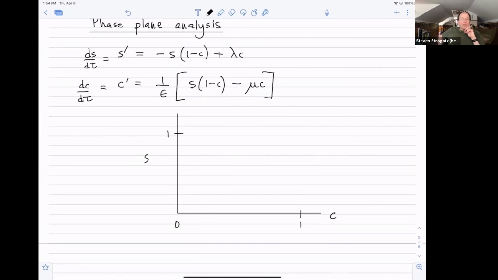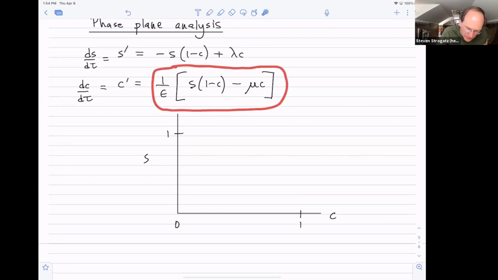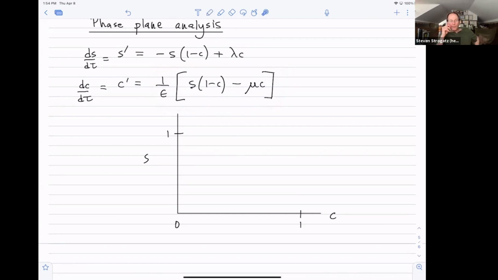And so we want to try to understand the flow in this space. Of course, the S and C are positive or they're not negative, they're concentrations. How do you draw something like this, the vector field? A key to it is to focus on this equation right here. To look at this right-hand side. I mean, you've got to be worried about the 1 over epsilon.